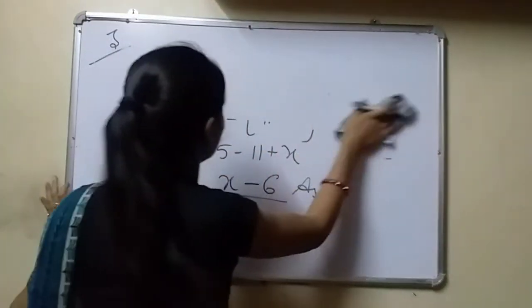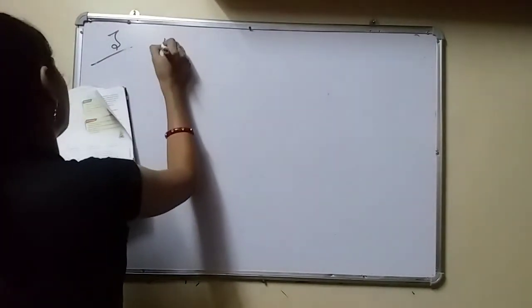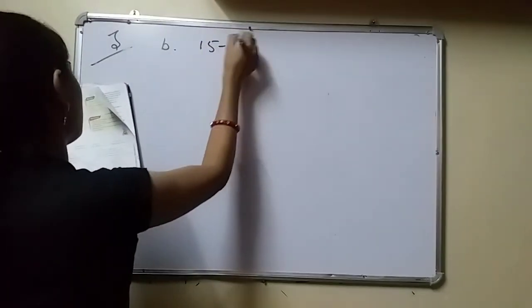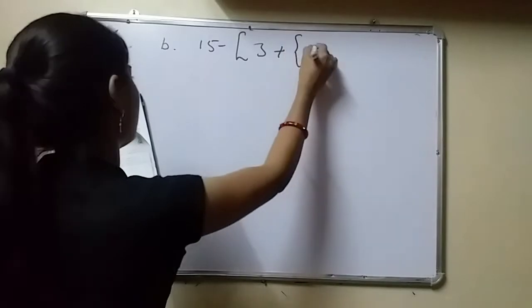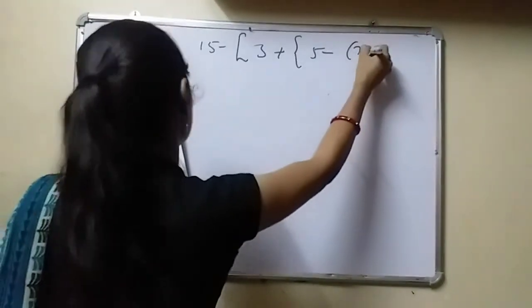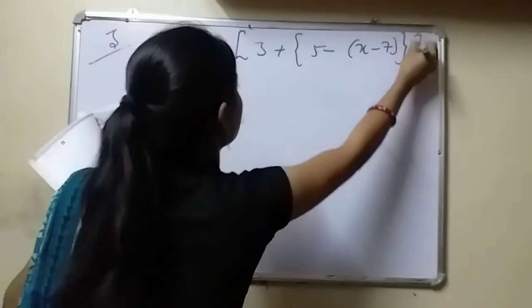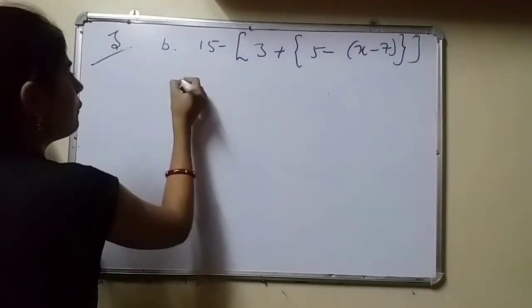Now see question number B. 15 minus 3 plus 5 minus x minus 7. Okay, now how we will solve it?